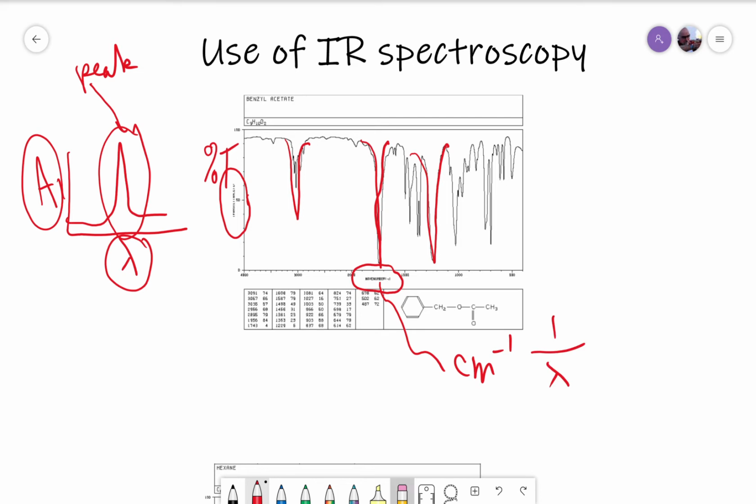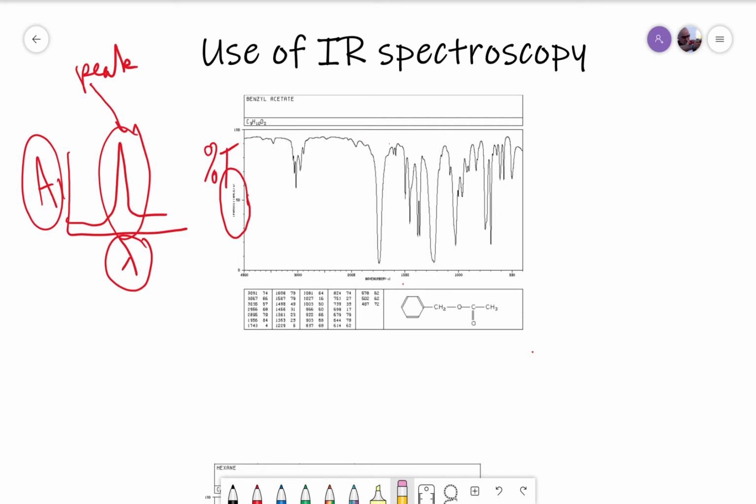This is not as unusual as you might think. The wave number unit actually is directly dependent upon energy, so it's energy proportional. So big numbers, like 4,000, is high energy.